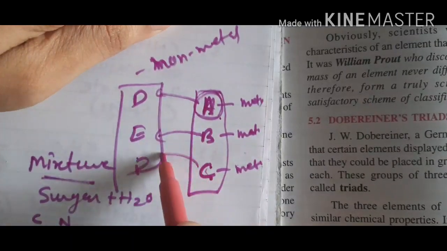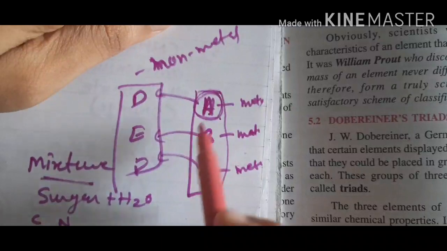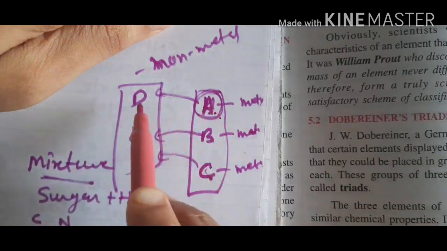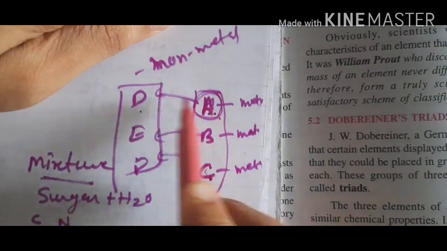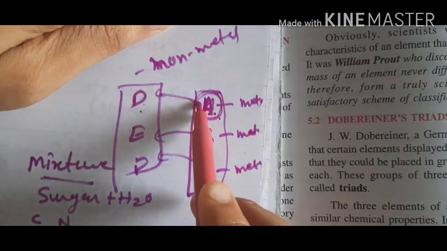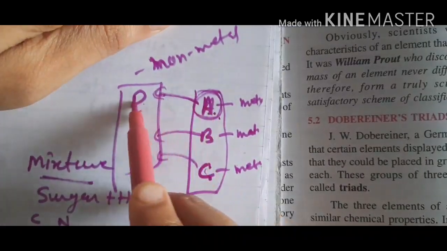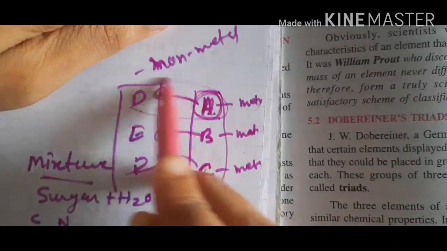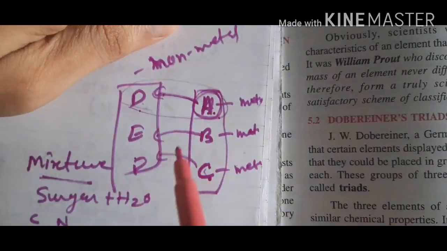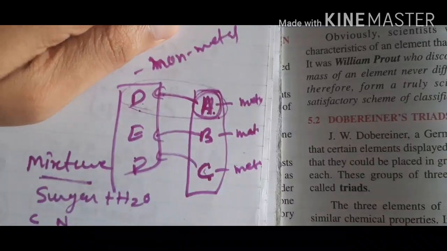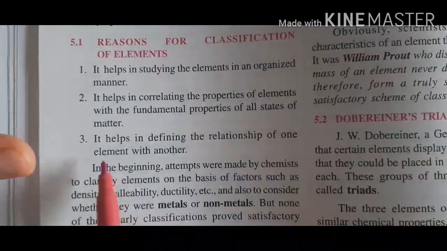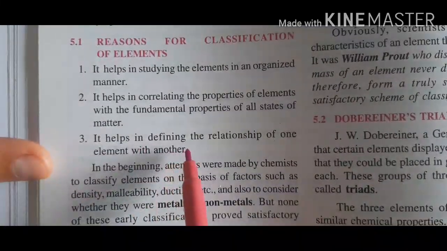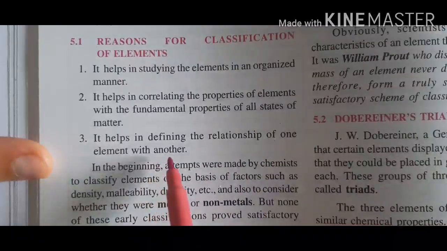If we know the properties of this group and of this group, we can find out how they combine together and how they make one substance. That we can find out through the periodic table, and it helps in identifying the relation of one element with another element, as I said before.